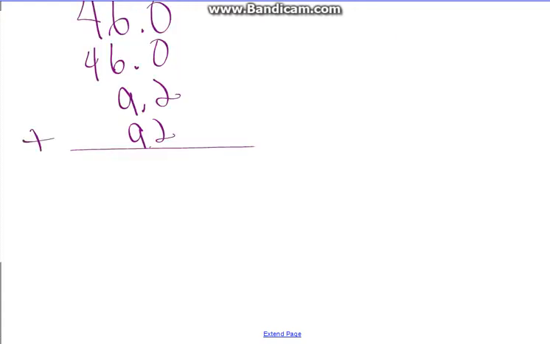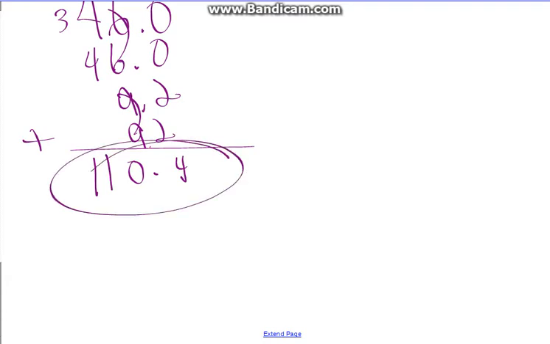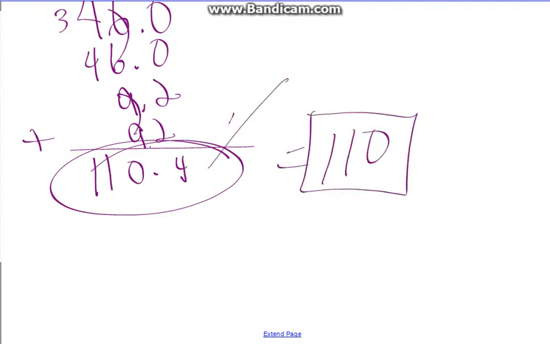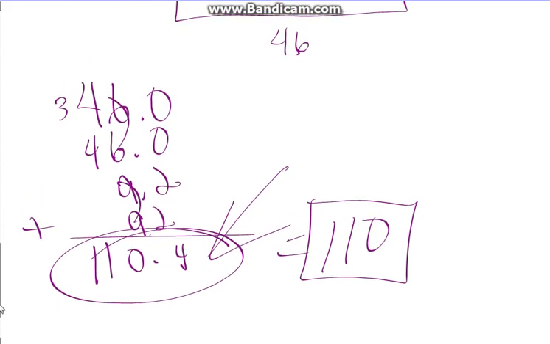And when we add all of these, we're going to get 0.4, and then 6 and 6 is 12, 12 and 18 is 30, and then carry the 3. And 8 and 3 is 11. So now we get 110.4. This does not match our perimeter of 110. This is rounding error. When they told us to round, it creates this rounding error.